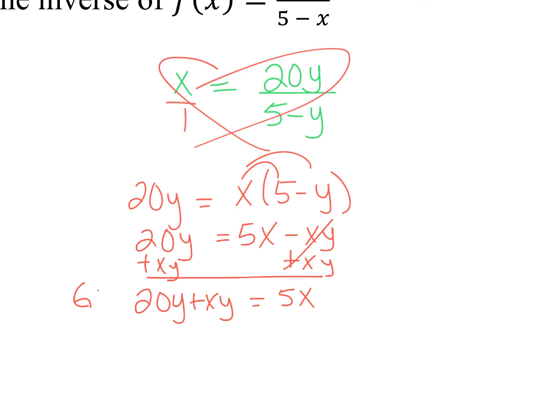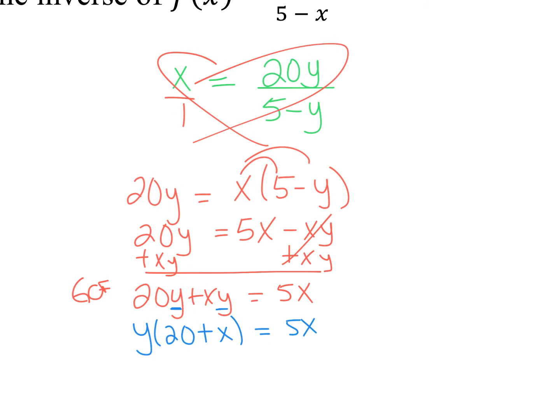You have to use GCF here with the y's to make sure that you can factor. So the y comes out and you get 20 plus x. And now what you can do is divide by 20 plus x and get the y alone. And you have your inverse.